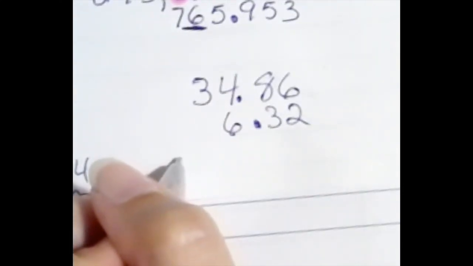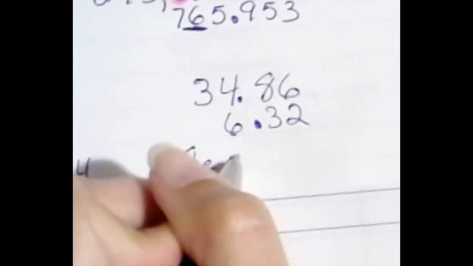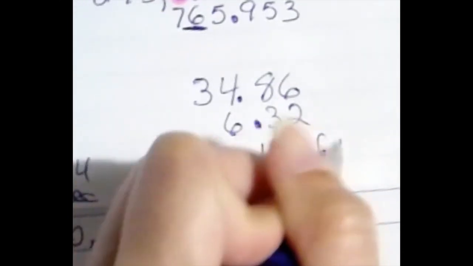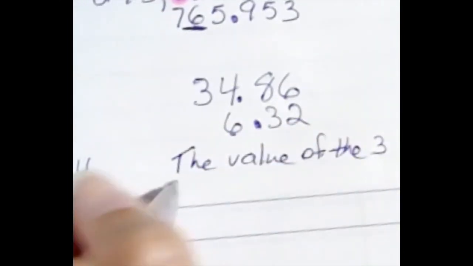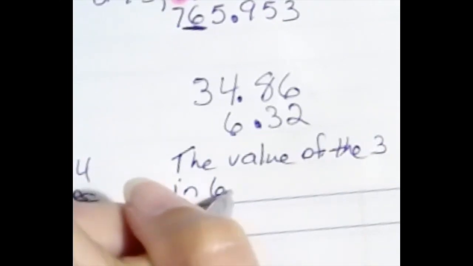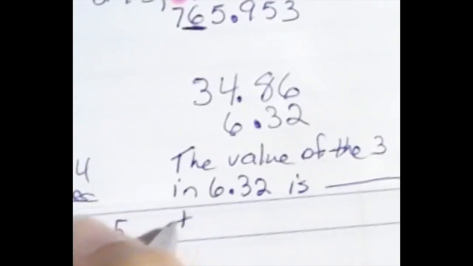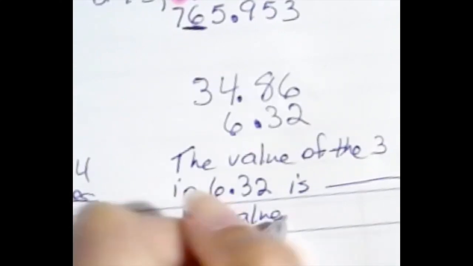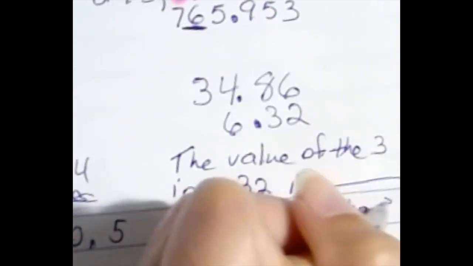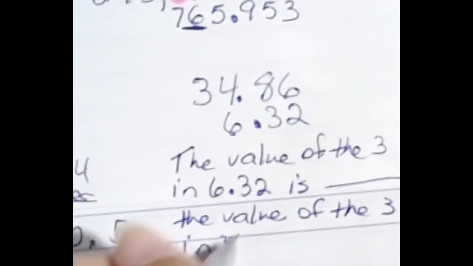And we're going to compare the value of the 3's. So the value of the 3 in 6 and 32/100ths is blank, the value of the 3 in 34 and 86/100ths.